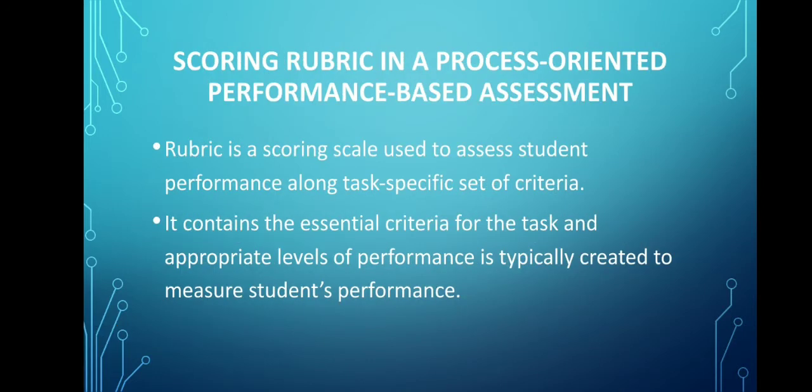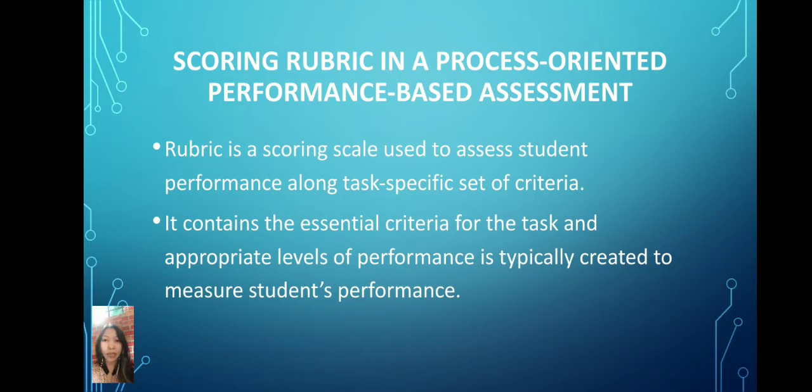Next is scoring rubric in a process-oriented performance-based assessment. A rubric is a scoring scale used to assess student performance along a task-specific set of criteria. It contains the essential criteria for the task, and appropriate levels of performance are typically created to measure students' performance. Scoring rubric is important for assessing performance to have proof or a basis on why a student got that particular score during a performance.